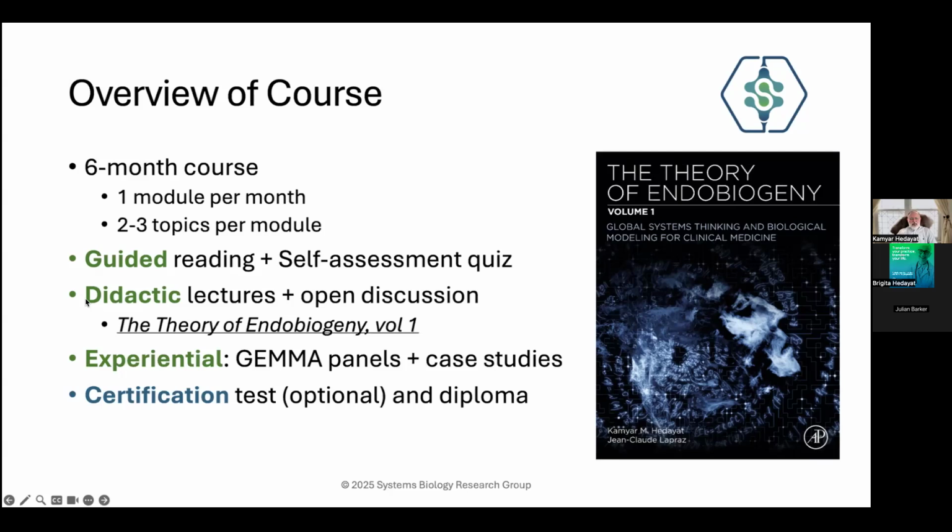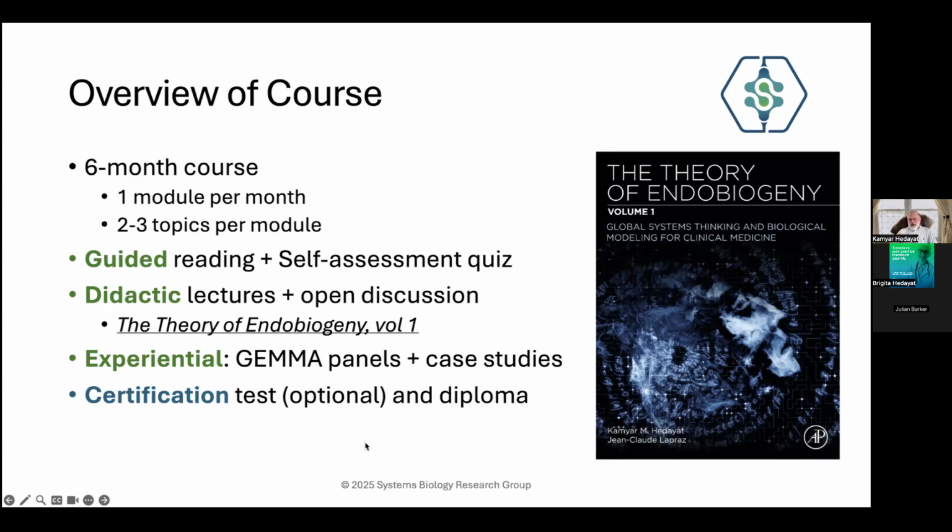Then we'll have a typically 2 to 3 hour didactic lecture, which goes over the reading material, and there'll be open discussion, question and answer. This material is based on volume 1 of the Theory of Endobiogeny, which is a 4-volume book series. And then there's an experiential section, which is about 2 hours.